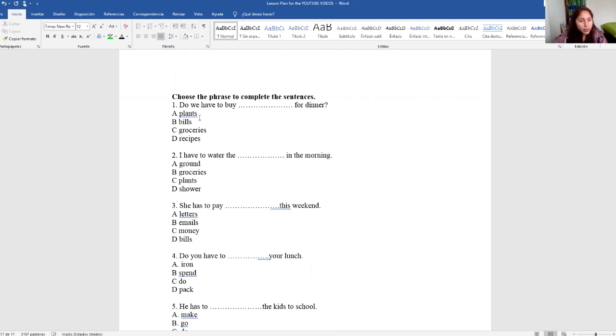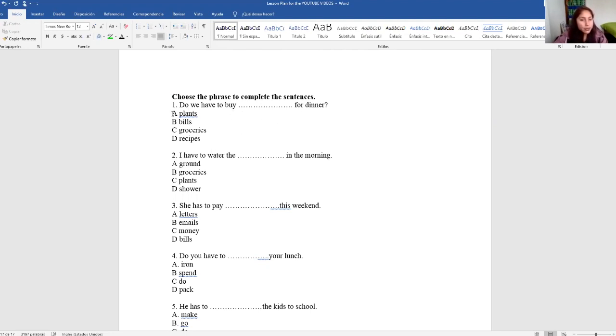For example, in the first sentence, do we have to buy plants for dinner? Do we have to buy bills for dinner? Do we have to buy groceries for dinner? Or do we have to buy receipts for dinner?